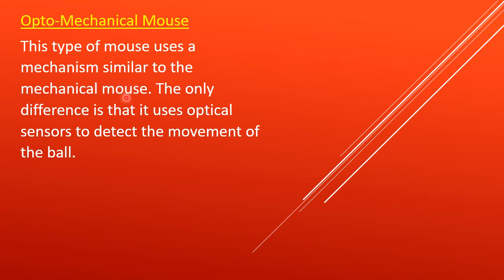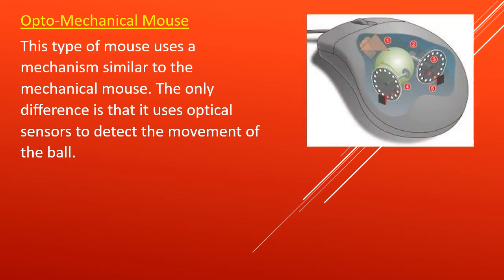The only difference is that it uses optical sensors instead of normal sensors to detect the movement of the ball at the bottom. You can see the picture of an optomechanical mouse on the screen.